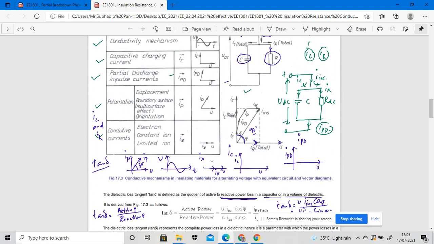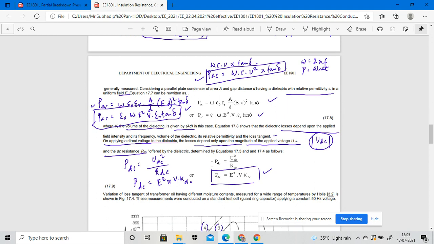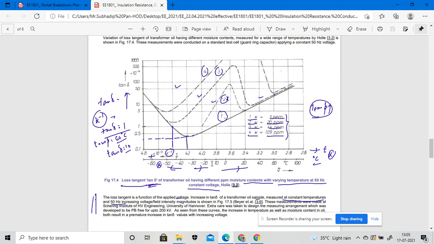What are the different current profiles? Depending upon the different current profiles, what will be my dielectric power losses in the insulating materials? That we discussed yesterday. We also discussed the diagram for the loss tangent curve for the transformer oil having different ppm moisture content with varying temperature at 50 hertz.